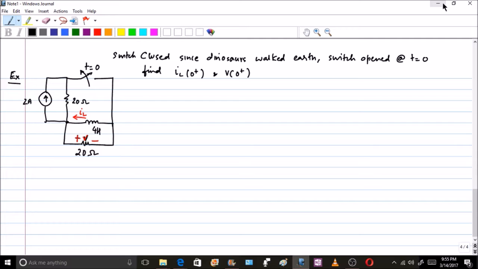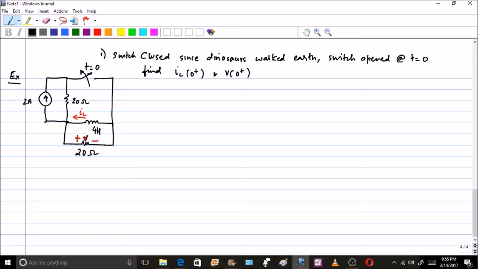What is given is that the particular switch has been closed since dinosaurs walked on earth. That means the time before t equal to 0 is a very huge time. The switch has been closed from that time and the switch is opened at t equal to 0.